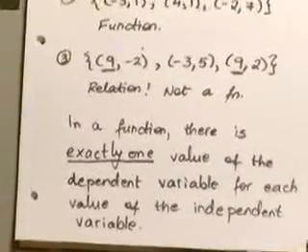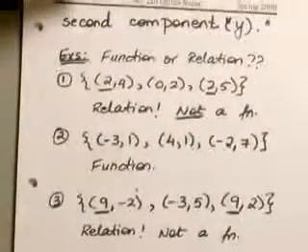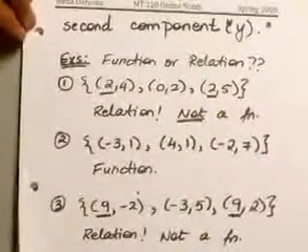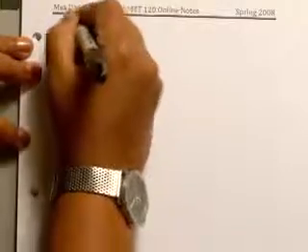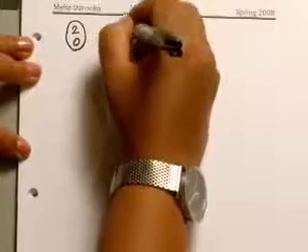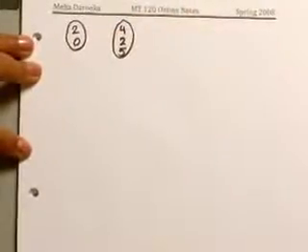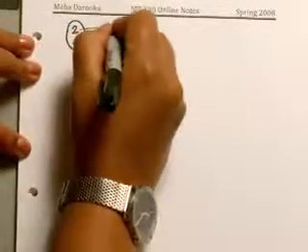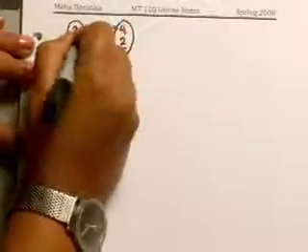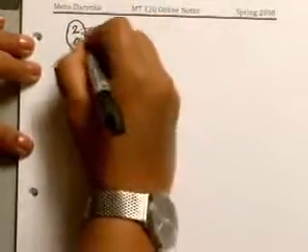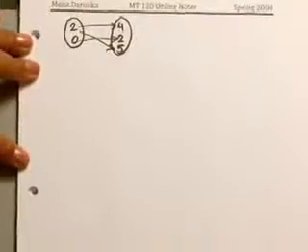Now there are many different ways you can represent your ordered pairs. You can of course represent it as a set here, or if you want to, you can also show your relationship in this form. Okay, and you have 2 corresponds to 4, 2 corresponds to 5, and then 0 corresponds to 2.